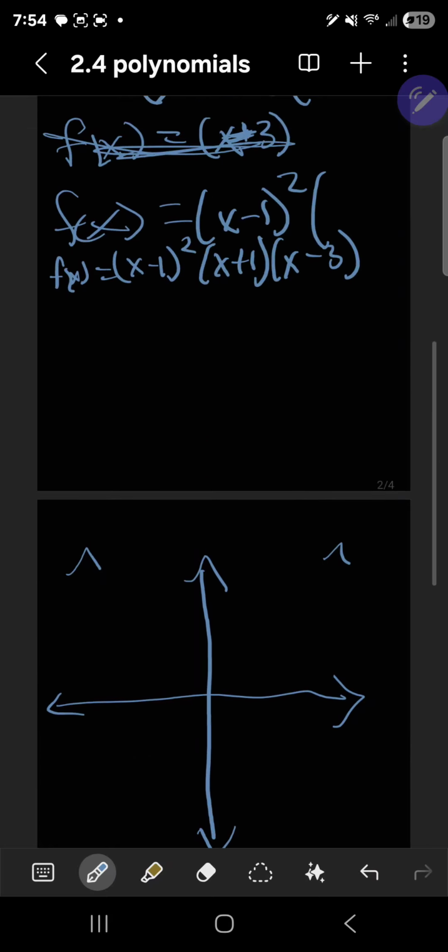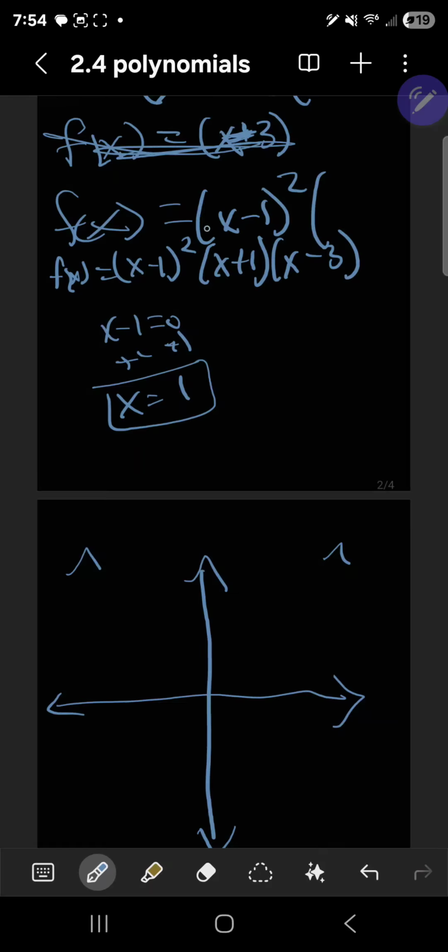Then we just take this and put the zeros in. So x minus 1 equals 0, so plus 1, x equals 1. And that one's squared, so it's going to touch. The odds cross, the evens touch. These are technically 1s right here, so they're odd powers. This is an even, right? So it's going to touch on 1.